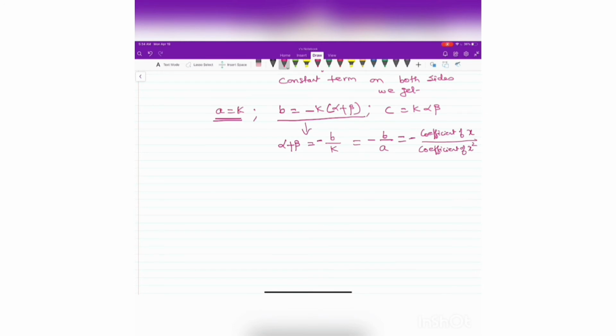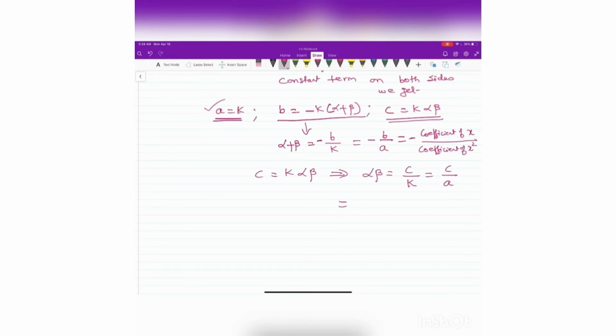See, C is equal to K alpha beta. From there what do we get? C is equal to K alpha beta implies alpha beta is equal to C by K. You know K is nothing but A. So I can write this as C by A. What is C?